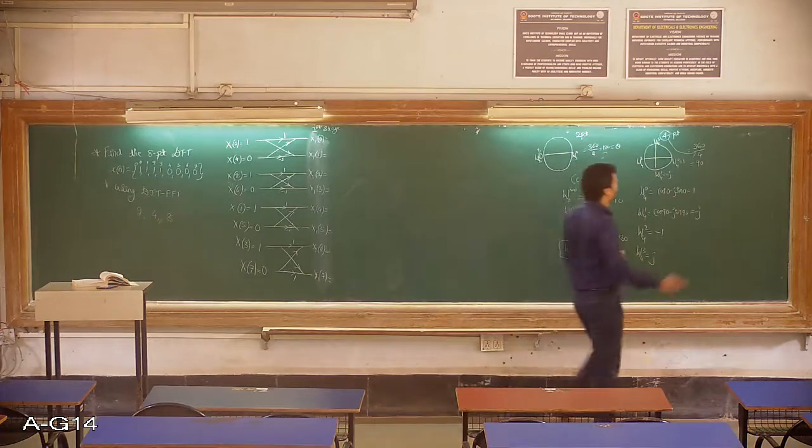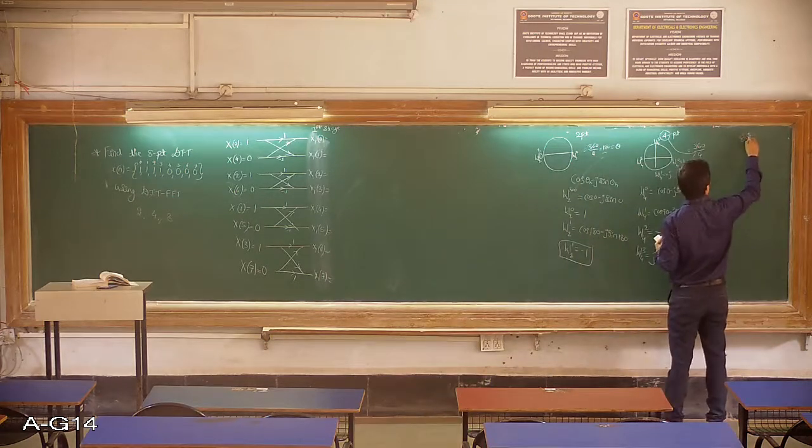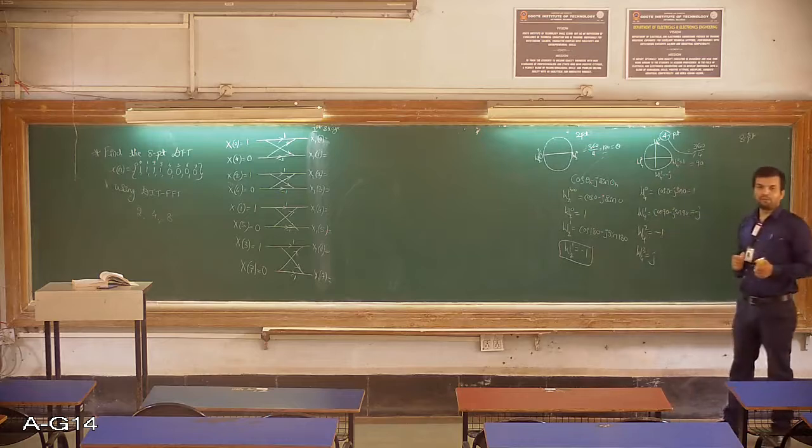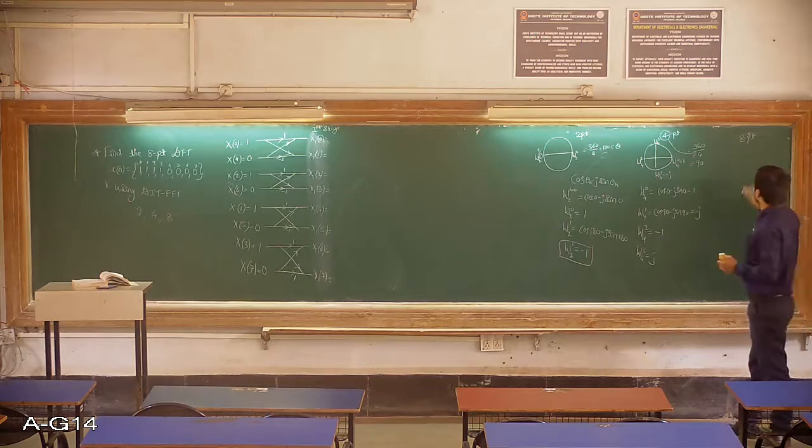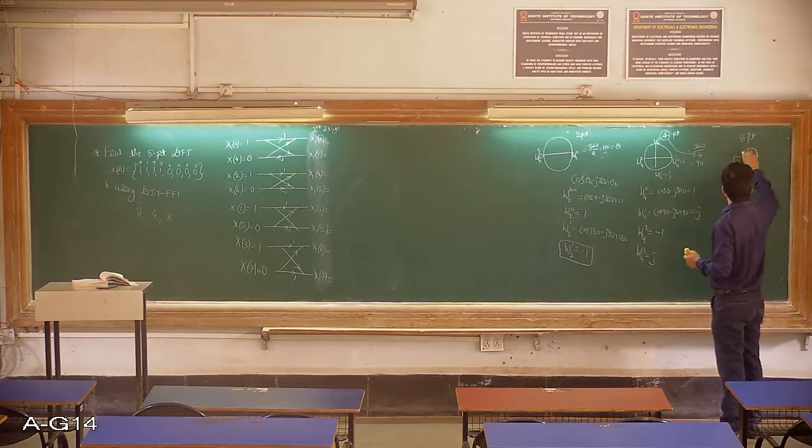Similarly for the 8 point, we also have to compute the twiddle factors. Here 8 values will be there: W8 of 0, W8 of 1, W8 of 2, W8 of 3, W8 of 4, W8 of 5, W8 of 6 and W8 of 7.